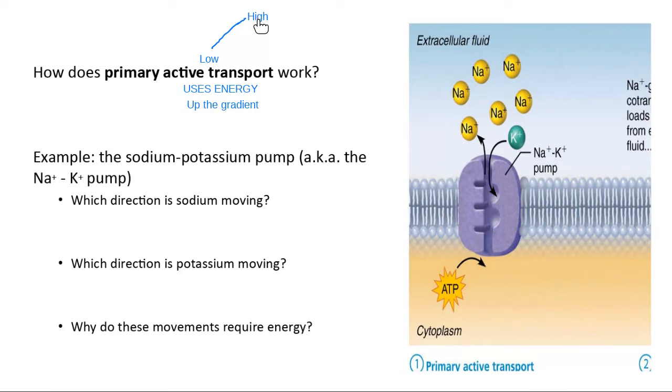That's going up the hill. If we are doing active transport, we're going up the hill. So anytime I ask you about the way stuff moves in active transport, we're always going from low concentration to high concentration. We're pushing that rock up the hill.